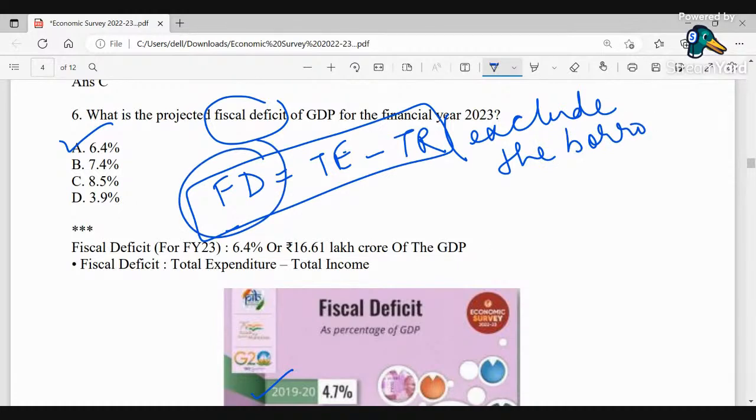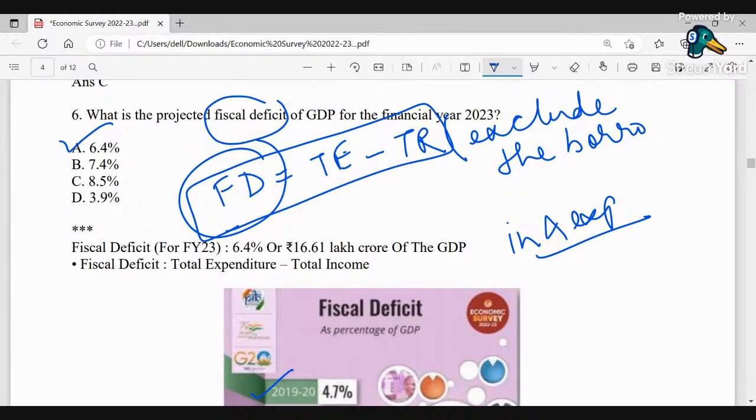Fiscal deficit. Okay, so therefore, there are two components of fiscal deficit. Probably you all have studied in the economic subjects. So what are the two components of the fiscal deficit? One is basically income and the other one is the expenditure. So what is the income? The total income generated by the government can be divided into also two parts.